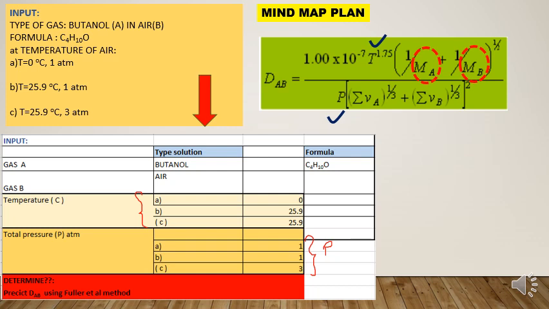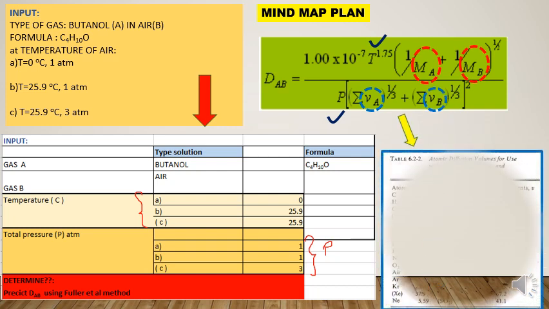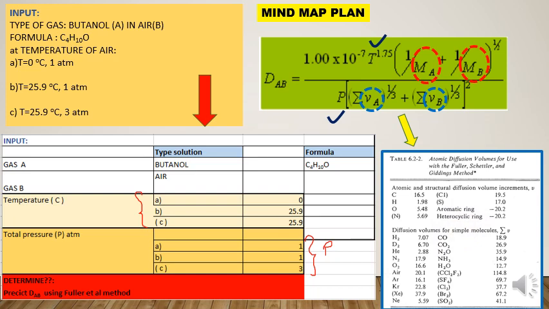The same goes for MB, the molecular weight of air. And for VA, the atomic molar volume, for gas A and gas B, we can predict by using this table.